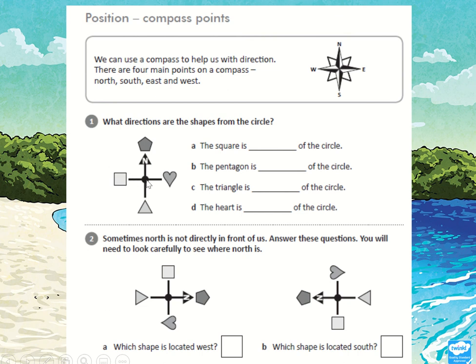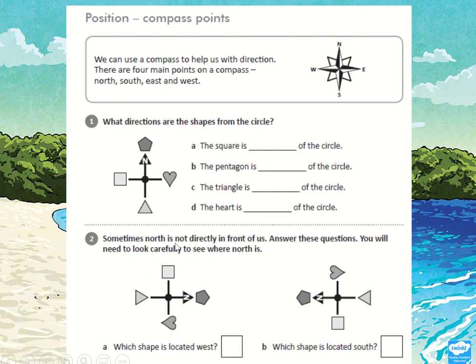This is the circle. The circle is in the middle of the compass. So that square is, where is it? West. It is west of the circle. And then you'll need to have a look. The pentagon is of the circle.